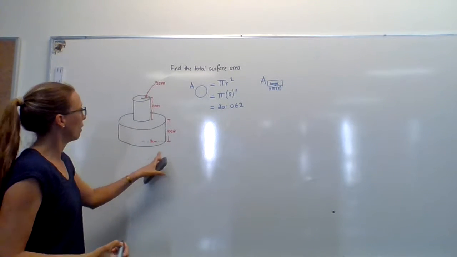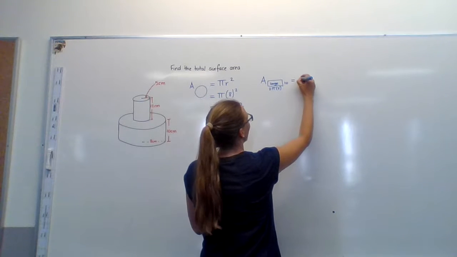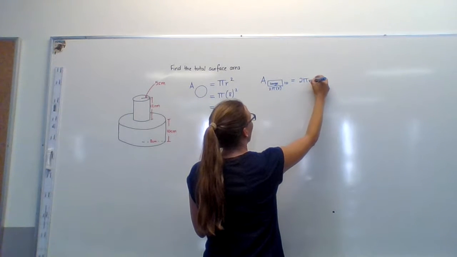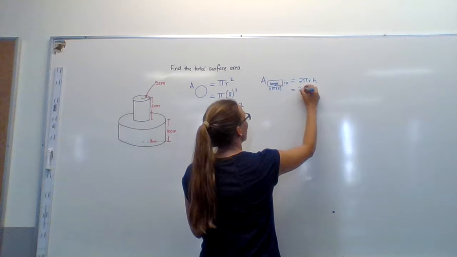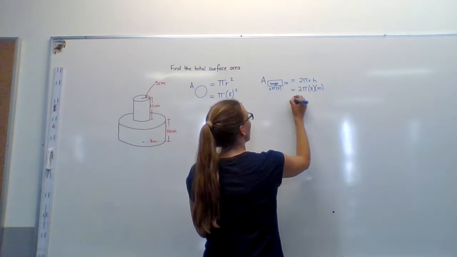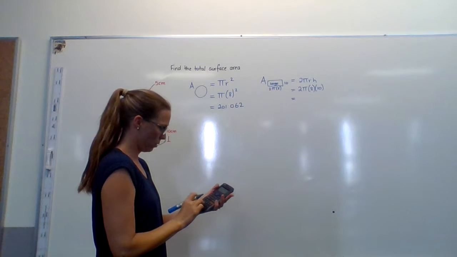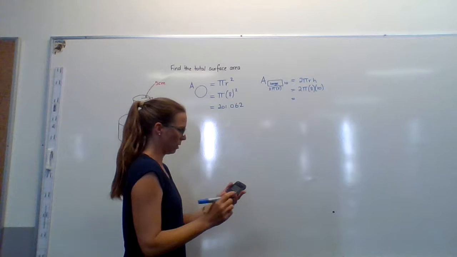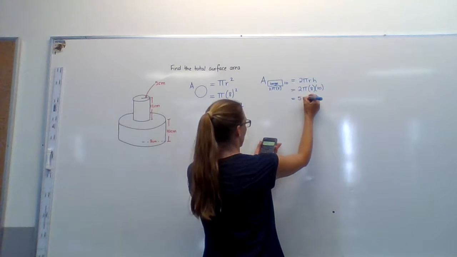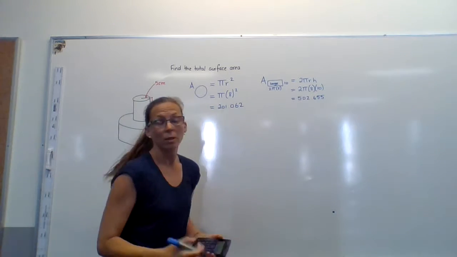And I know that the height is 10. So I'm going to have 2 pi r height, and I put those pieces of information in there. And again, I'm going to have pi times 2 times 8 times 10, which equals 502.655 square centimetres.